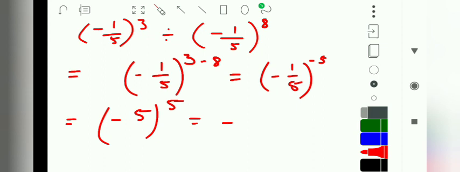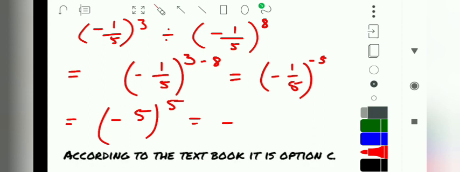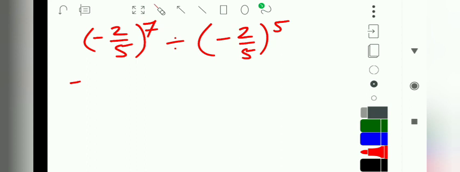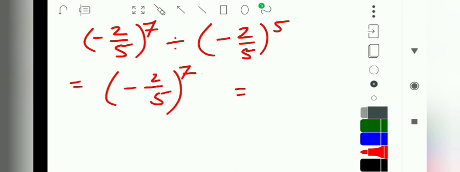Odd powers of a negative value. The result is also negative. Same math again. The power is 7 and 5, and it is a division. Subtract 5 from the 7.